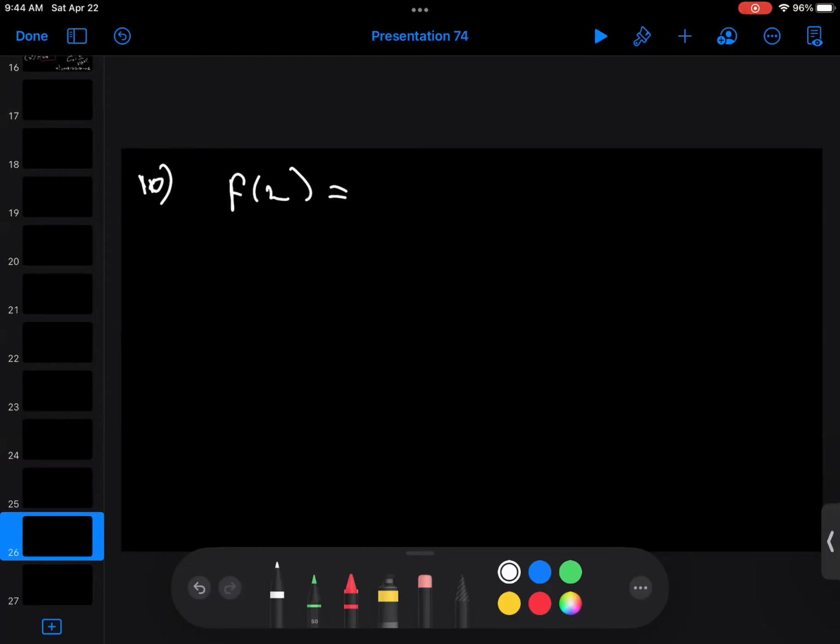But anyways, f of x equals the square root, for example, of 1 plus x squared. So we did see as an example the derivative of the square root.